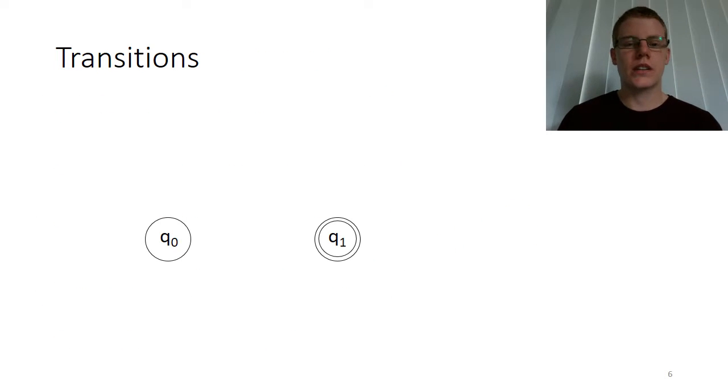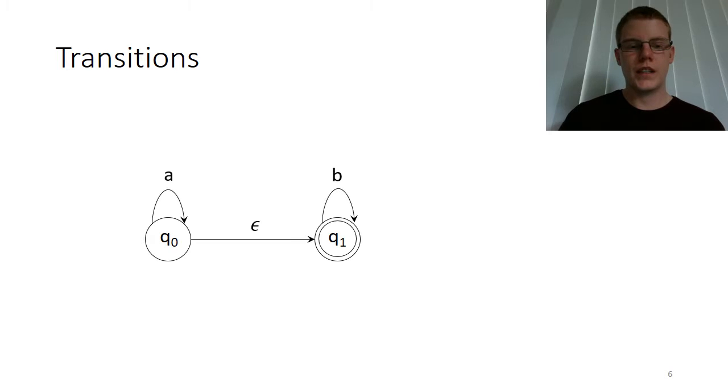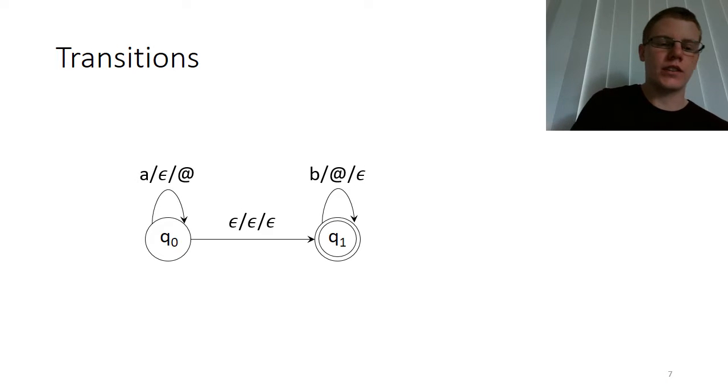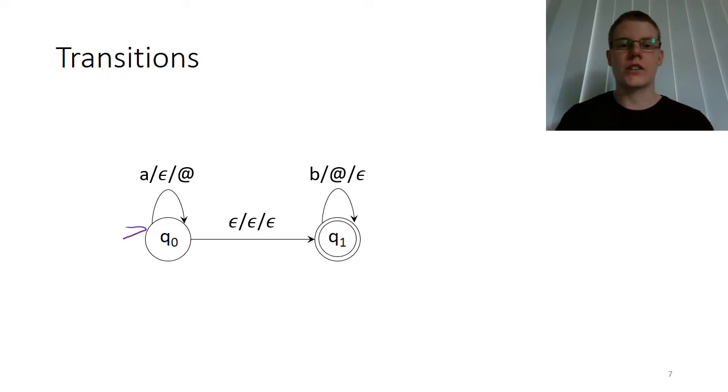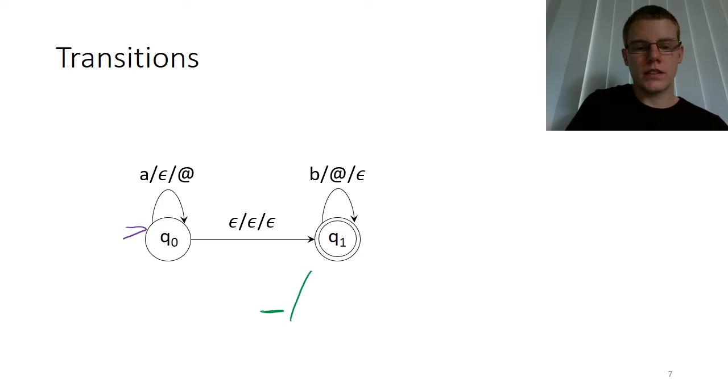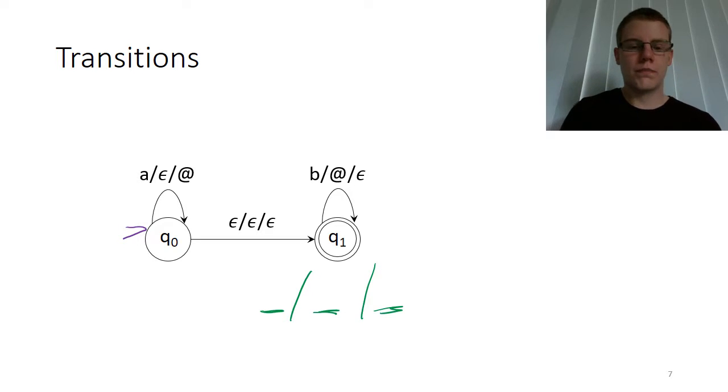So what this means on our state transition diagrams is where before we had transitions labeled with one element from the input alphabet or epsilon, we now have a set of transitions with some extra information. Each transition gets labeled with something slash something slash something, and the first part is the exact same bit as before.